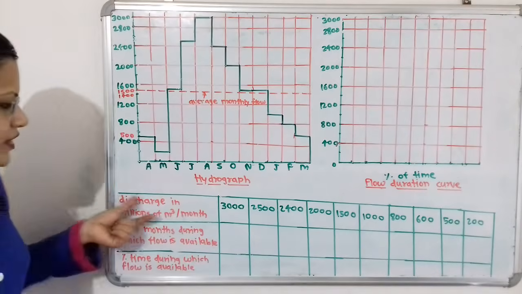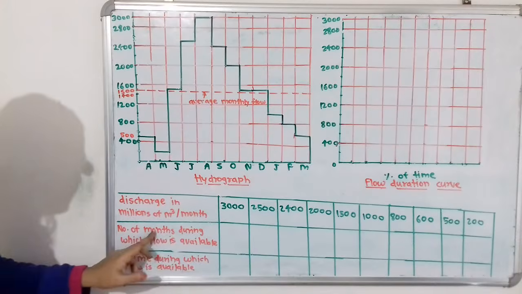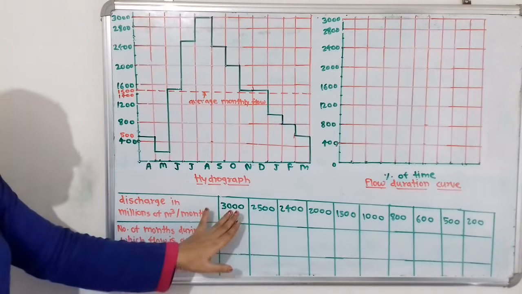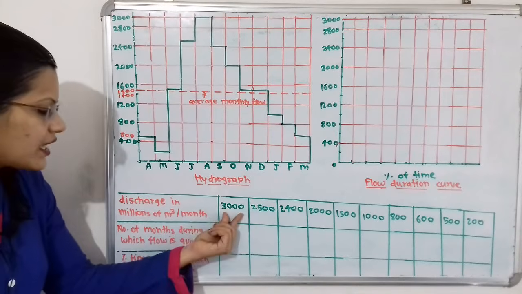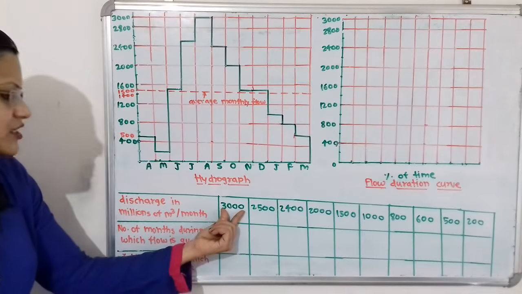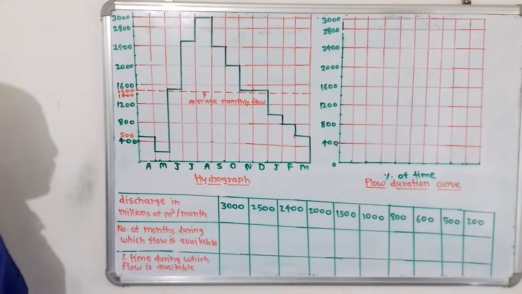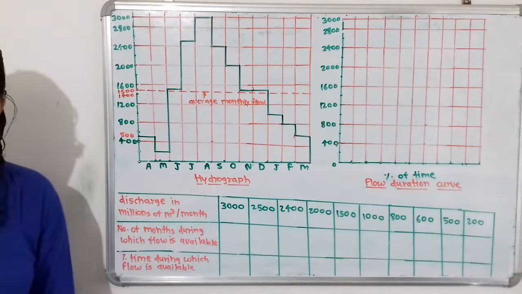Then for this discharge we have to write the next row, that is the number of months during which flow is available. Now we have to find out how many months there are for this discharge of 3000 million meter cube per month. Now we have to write this data with reference to this hydrograph.